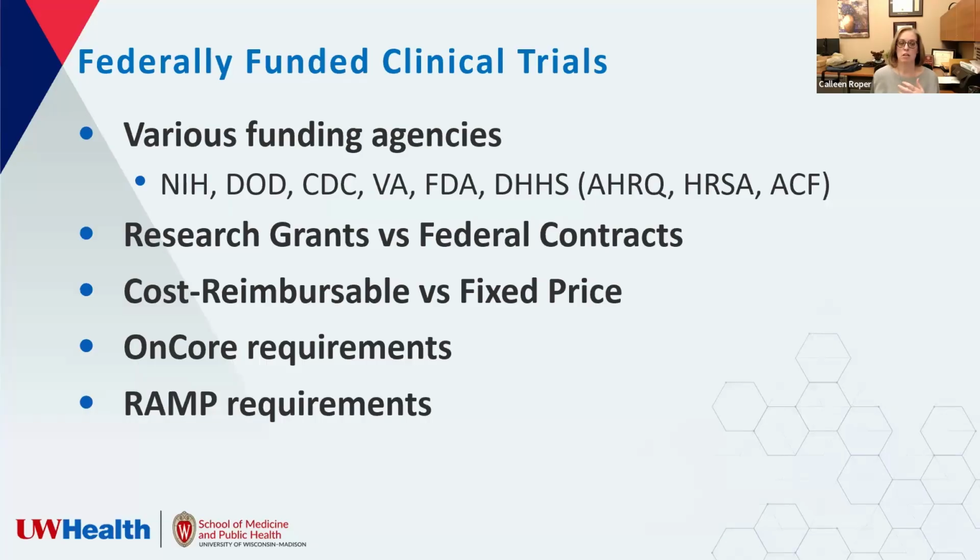RAMP requirements. Every research project that runs through this university has to go through the RAMP system, which is the Research Administration Management Portal. And that is how we get our dean's office approvals, RSP approvals, sign-offs on contracts. All of that goes through that system for routing and approvals. So understanding that when we get a contract in, it's not as easy as just signing it.